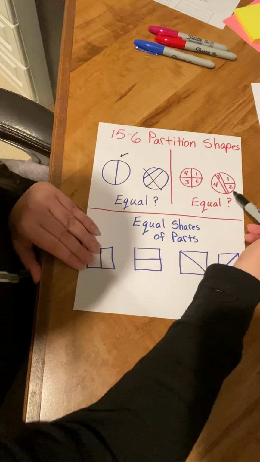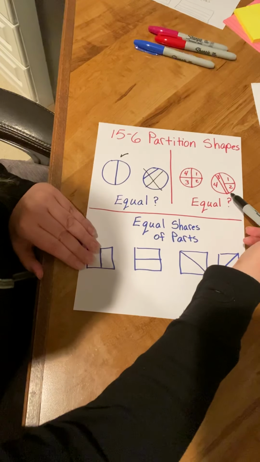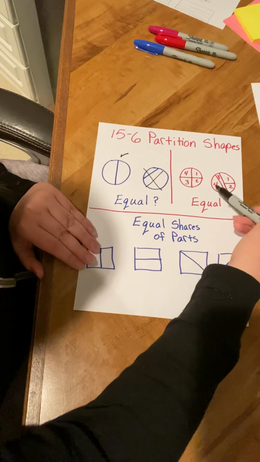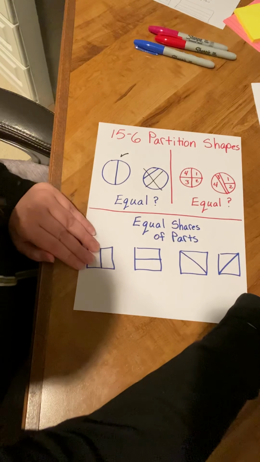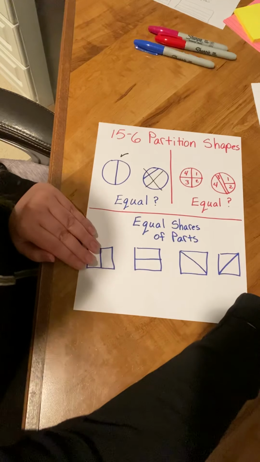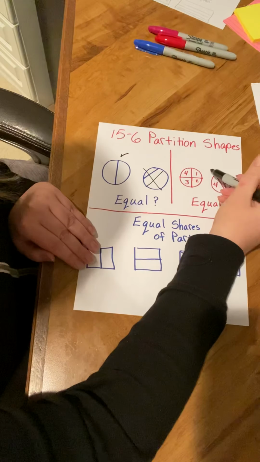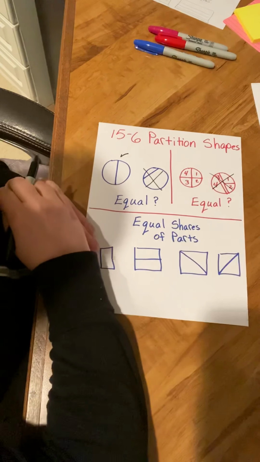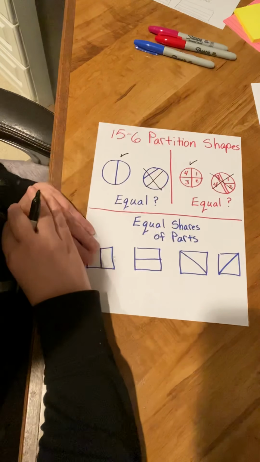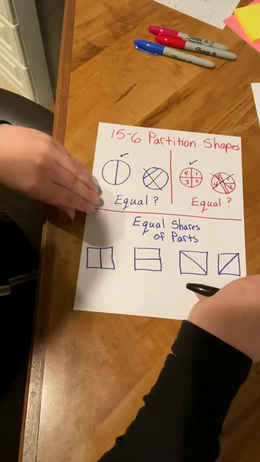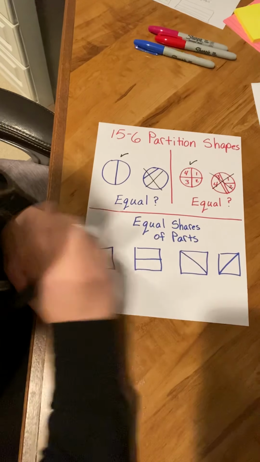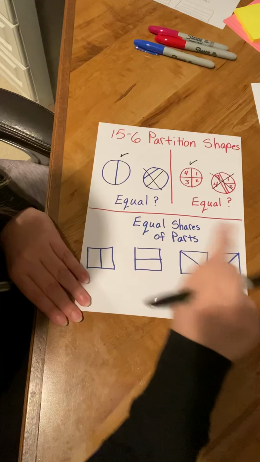But if I look over here, is this equal? I clearly see that there are 4 parts, but are they all the same size? No, they're not. This one is not equal. Here is our equal share. Down here below, equal shares of parts.